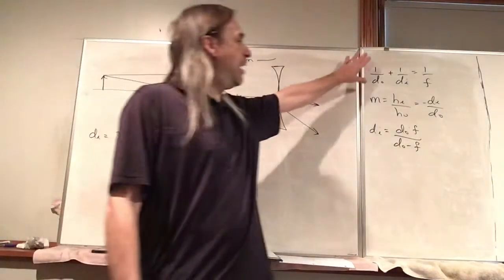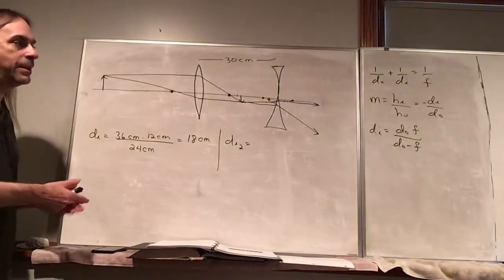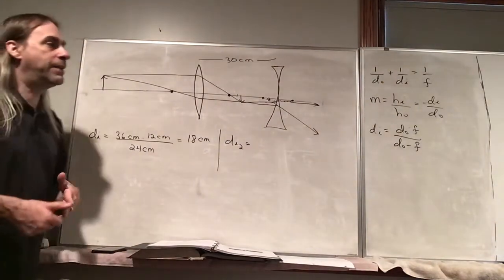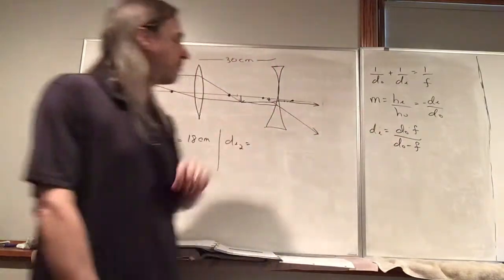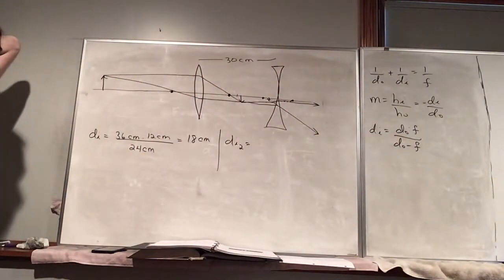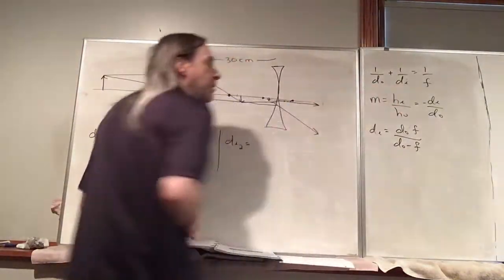Very often, for a particular lens, we know where the object is and we want to find the image, so we can solve this equation for DI. It comes up enough that it's probably worth writing down, so we have an equation specifically for DI. This equation is nothing new; we just solve that one for DI.